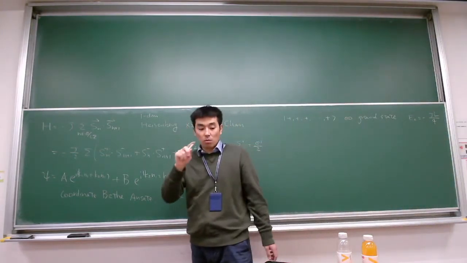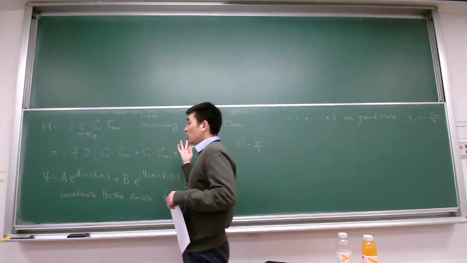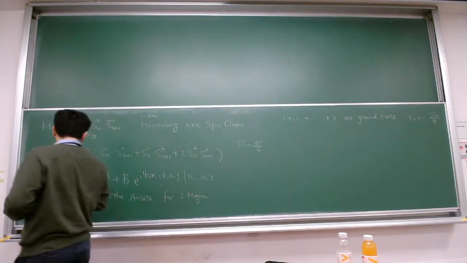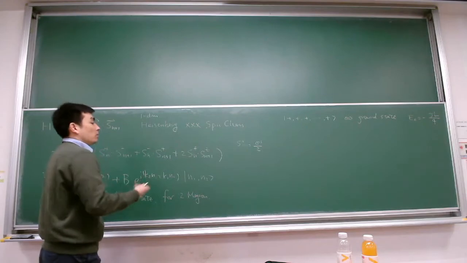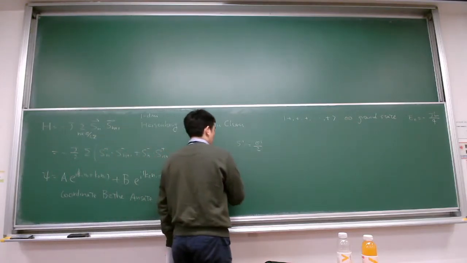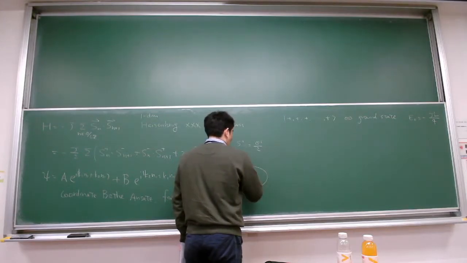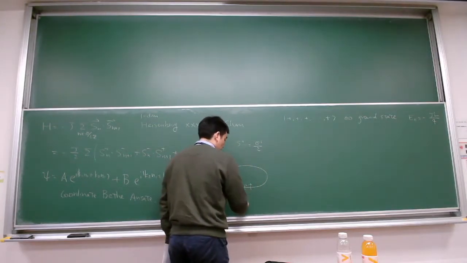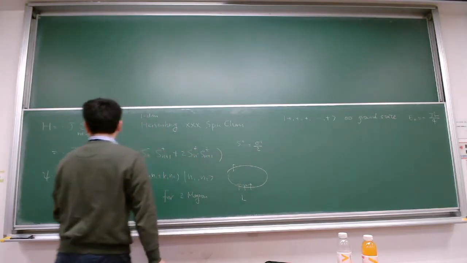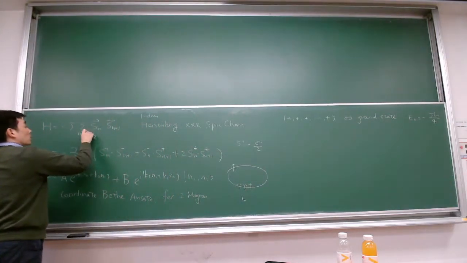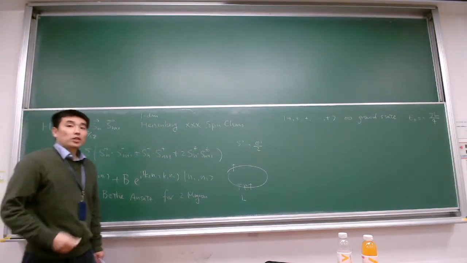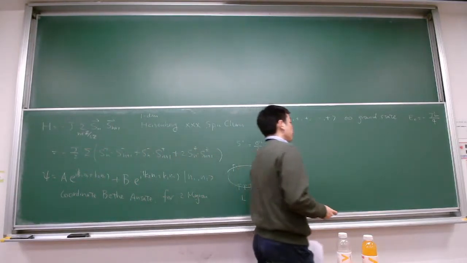So you have a 1/4 from each pair of neighboring spins, and then we impose a periodicity condition on the L sites. So that's why we just write Z over LZ. And we want to determine the system.